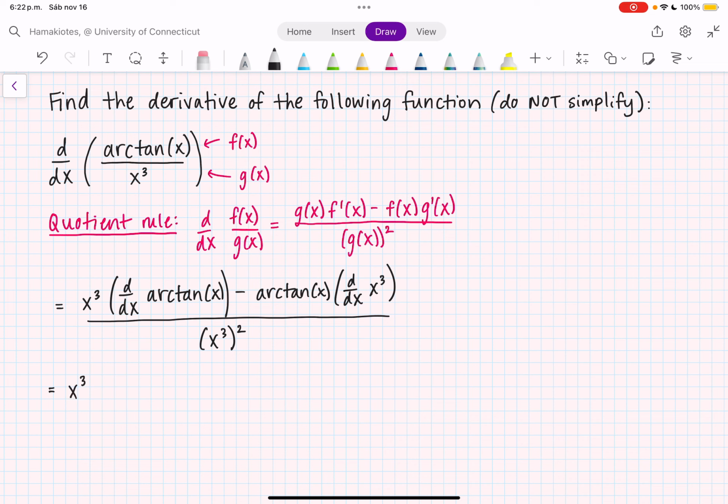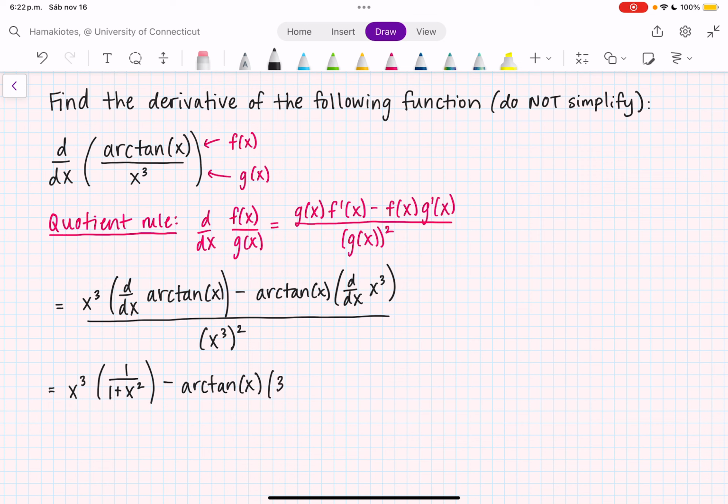x cubed times the derivative of arctan of x. So recall that the derivative of arctan of x is 1 over 1 plus x squared. Now minus arctan of x times the derivative of x cubed.